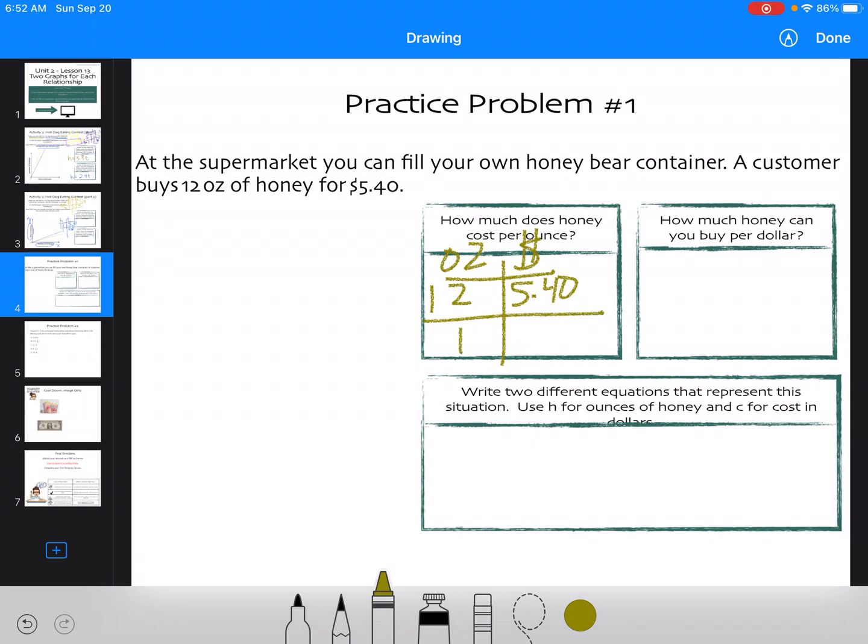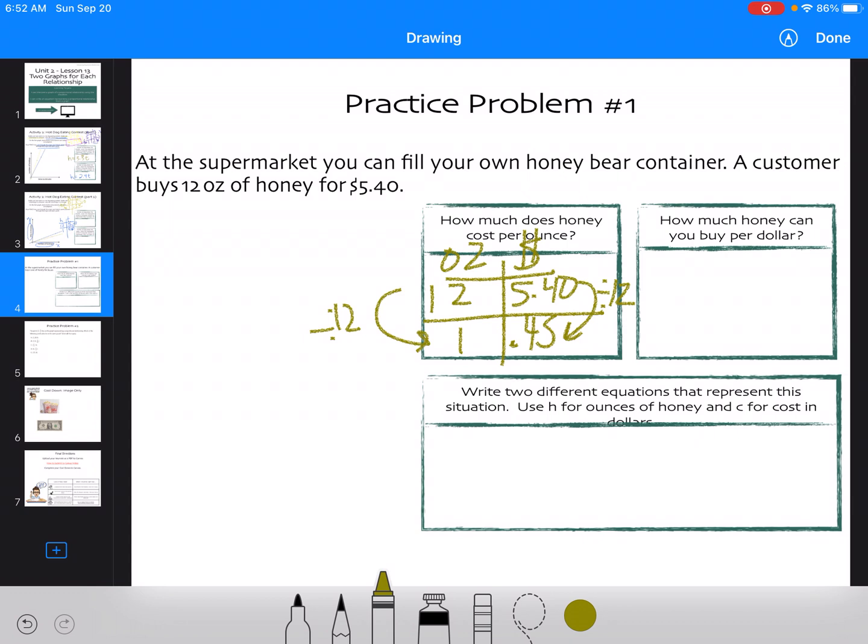I want to figure it out for 1, divide by 12. Then in my calculator, I'm doing $5.40 divided by 12, and I get 45 cents per ounce.